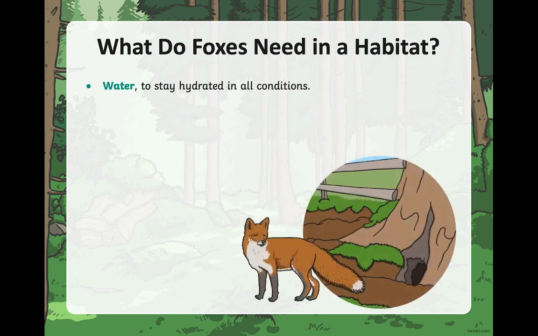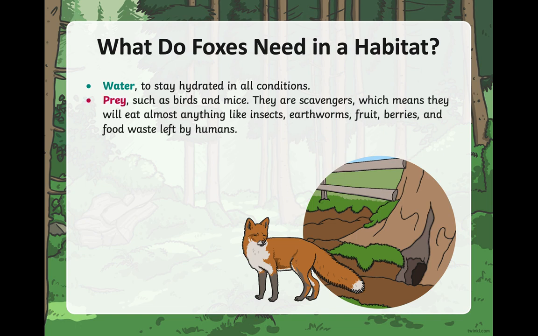Right? Now foxes. Every animal needs to stay hydrated, so there must be a source of water. When we say water, it doesn't mean that the whole habitat is watery like for frogs, but they need to drink it, and that's it. Now prey such as birds and mice.